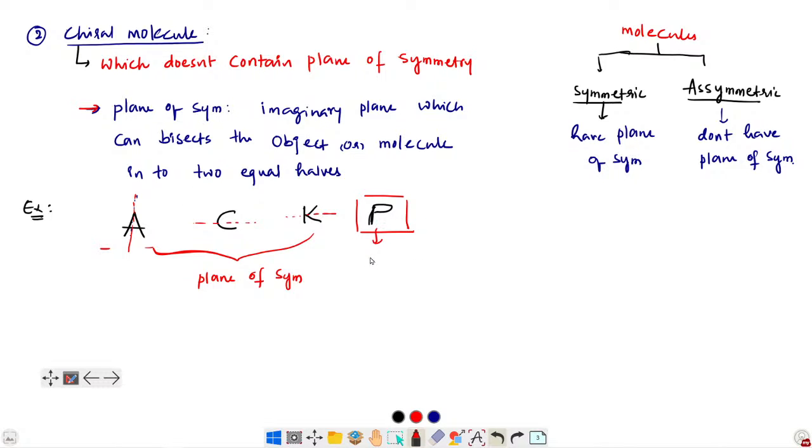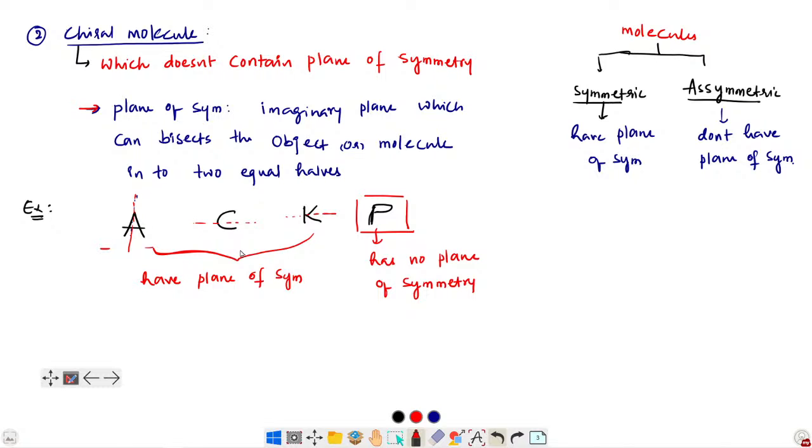So it has no plane of symmetry. So these three have plane of symmetry. Understood?